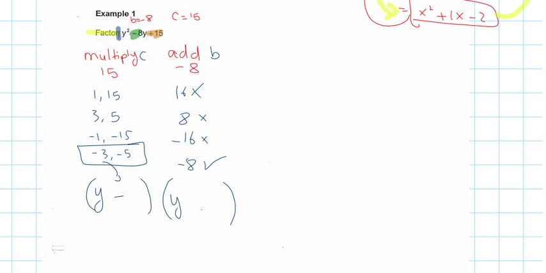And I put the second factor in the second bracket, so that's -5. So from the standard form to this form, it's y minus 3 times y minus 5. It's not going to come to you the first time. Okay, you're not going to be able to get it the first time.